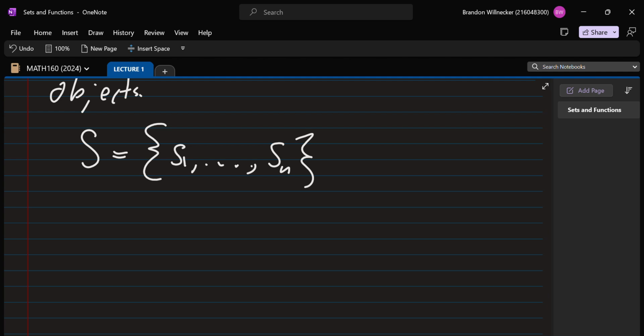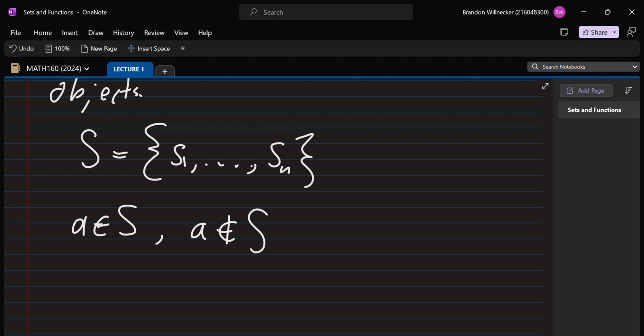Now, each element in a set belongs to that set. If you give me some other element, there's a relation between that element and a given set. We say that some new object, let's say A, can be in the set. We use the little Greek epsilon symbol. So this is A is inside the set. That's one possibility. Or A is not inside the set.